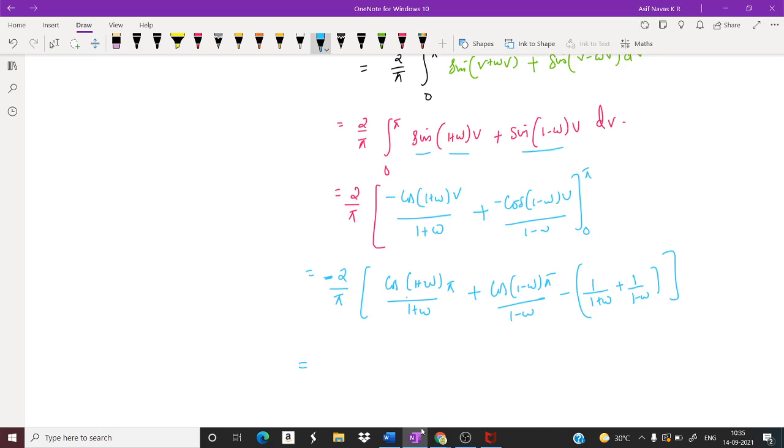So this is equal to minus 2 by pi, cos of pi plus omega pi divided by 1 plus omega, plus cos of pi minus omega pi divided by 1 minus omega, minus 1 by 1 plus omega plus 1 by 1 minus omega.